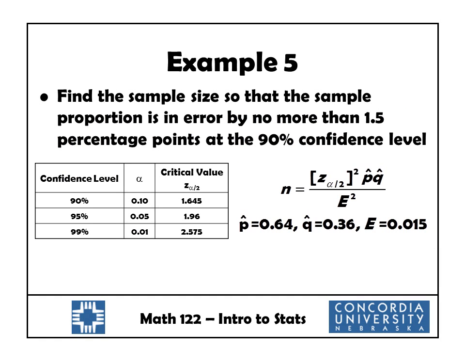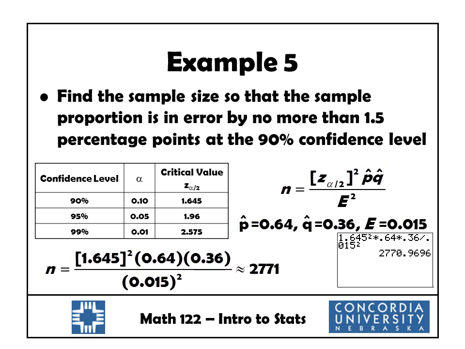Okay. So going back to this example, we have p hat is 0.64. That comes from our previous study. So q hat is 0.36. E is 0.015. Again, remember we're using the decimal equivalent of 1.5 percentage points. Now at the 90% level, z sub alpha divided by 2 is 1.645.